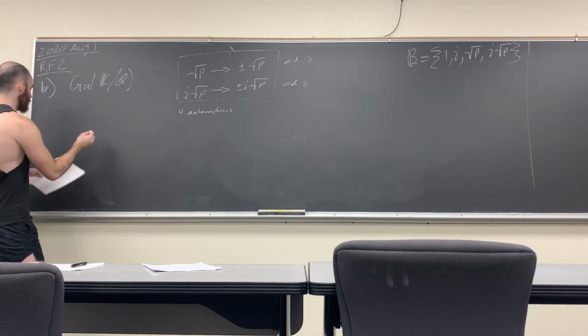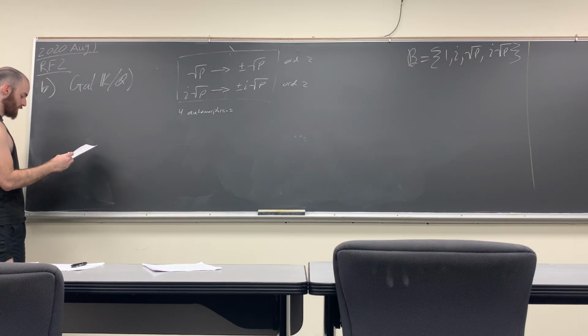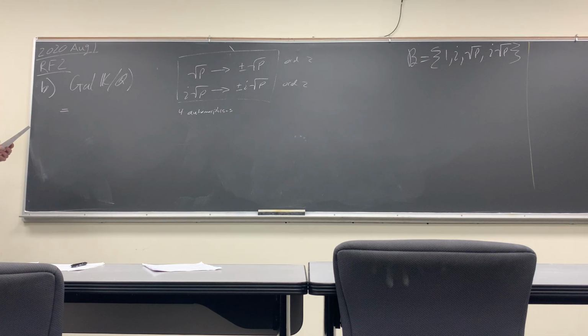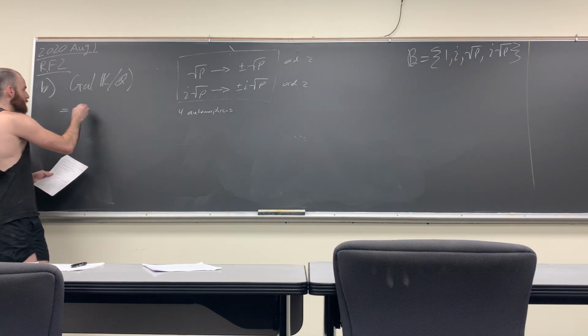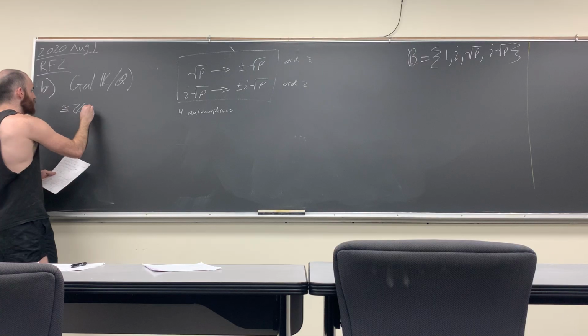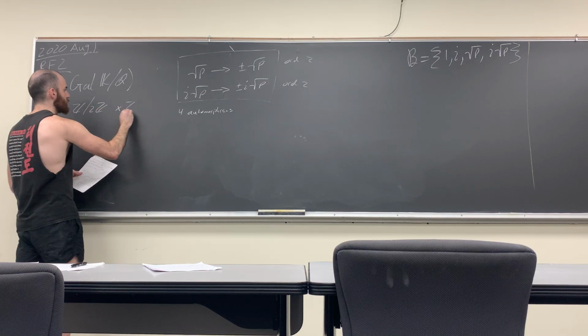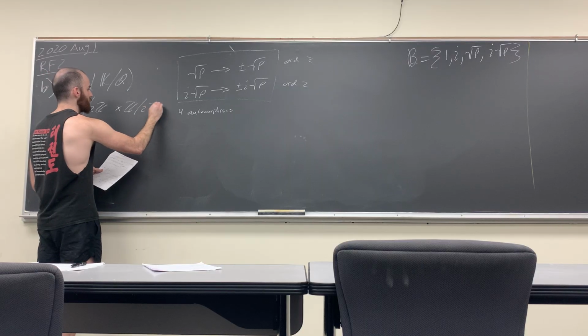So then our Galois group is going to be, how did I argue this? I'm not using it as a subgroup, so it's just going to be Z mod 2Z cross Z mod 2Z.